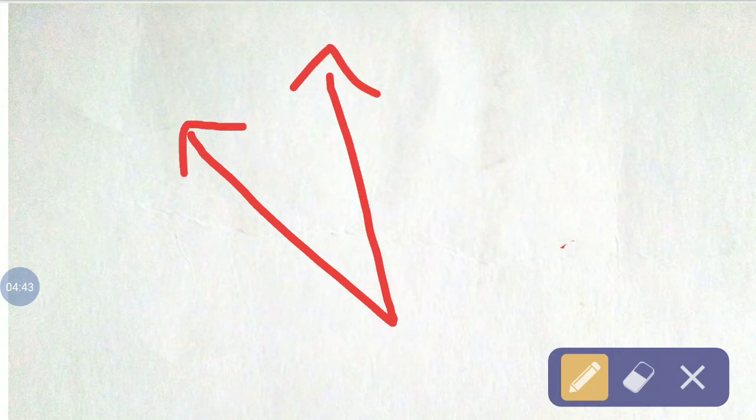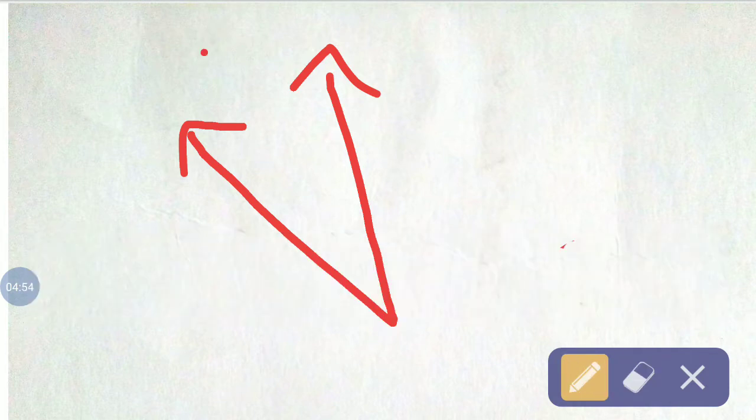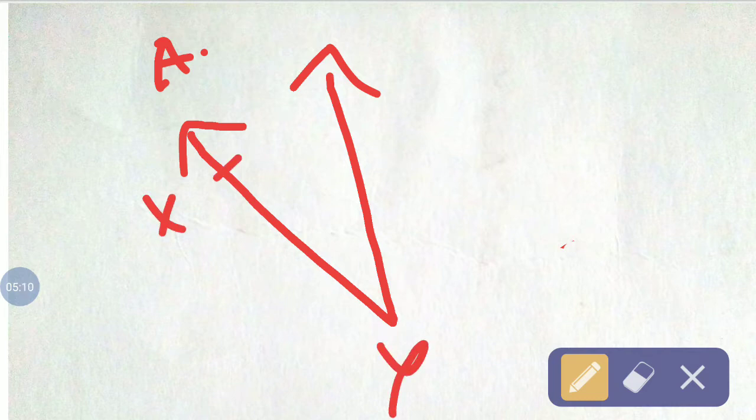If I give a point here, and I give a name to this point as A, then this point A is in the interior of the angle XYZ. Interior doesn't mean that it should be in these two lines only.